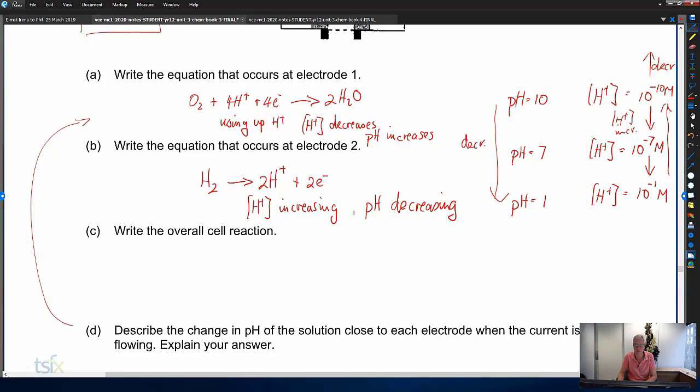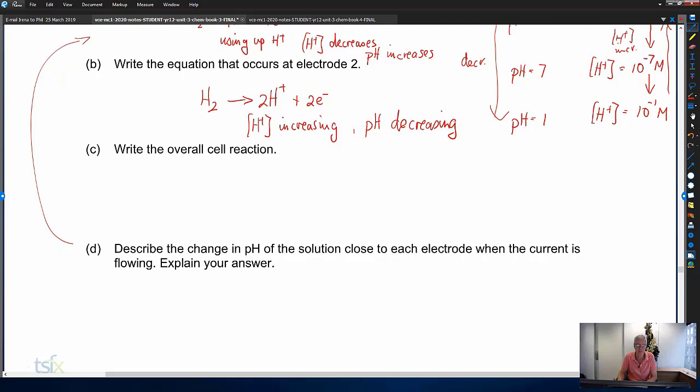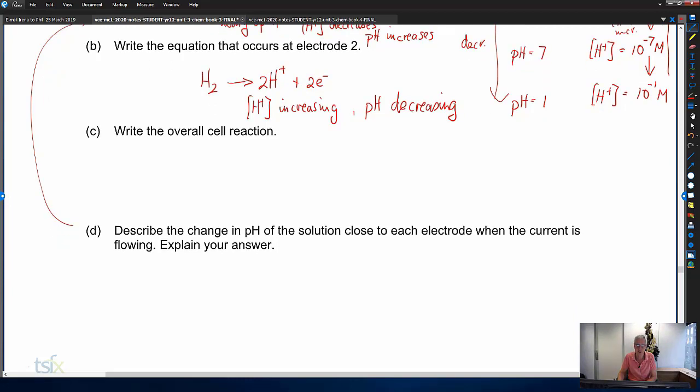If you have to talk about pH, my gut feeling is possibly you won't. That's been downplayed in the new study design. But I wouldn't count on it. You're supposed to have covered it in year 11, and that's a reasonably easy question that is easily got the wrong way round. I'll just go through the logic again.